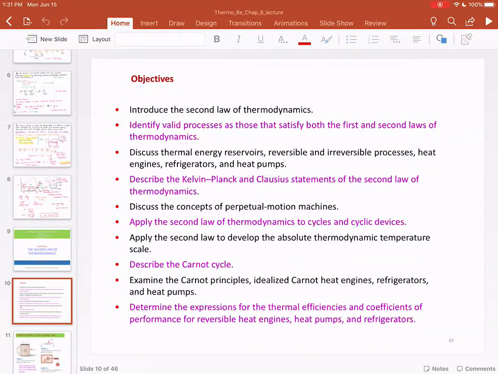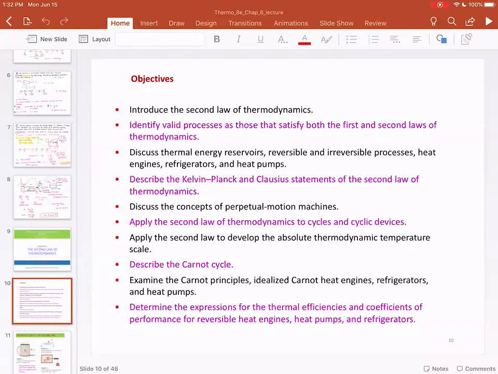In other words, first law says work and heat are interchangeable, but it doesn't talk about the grade or the quality of energy. On the other hand, second law of thermodynamics talks about the quality of energy.